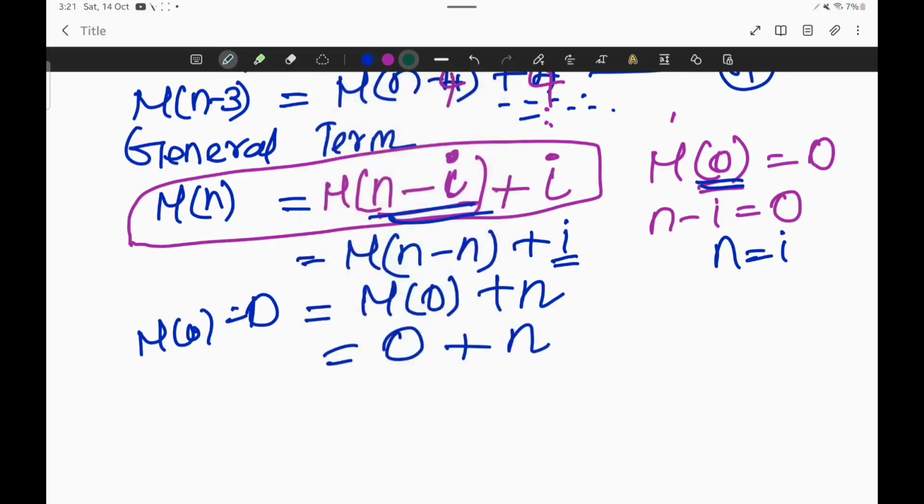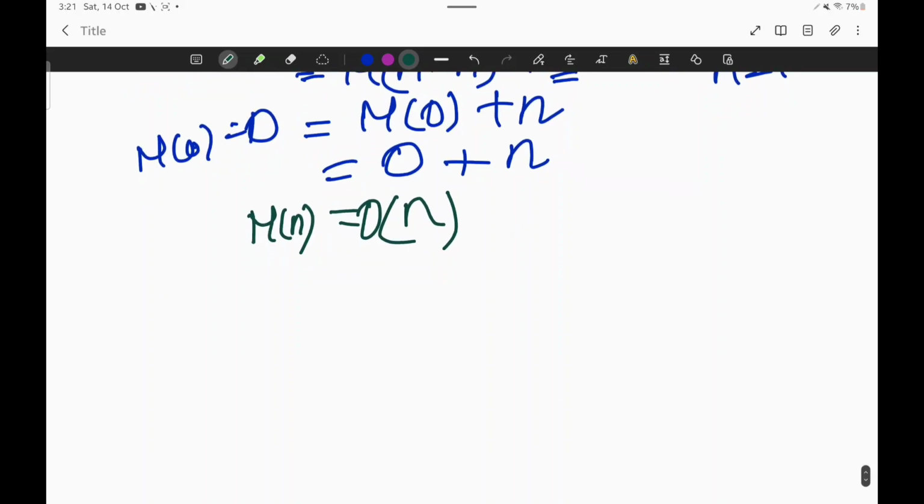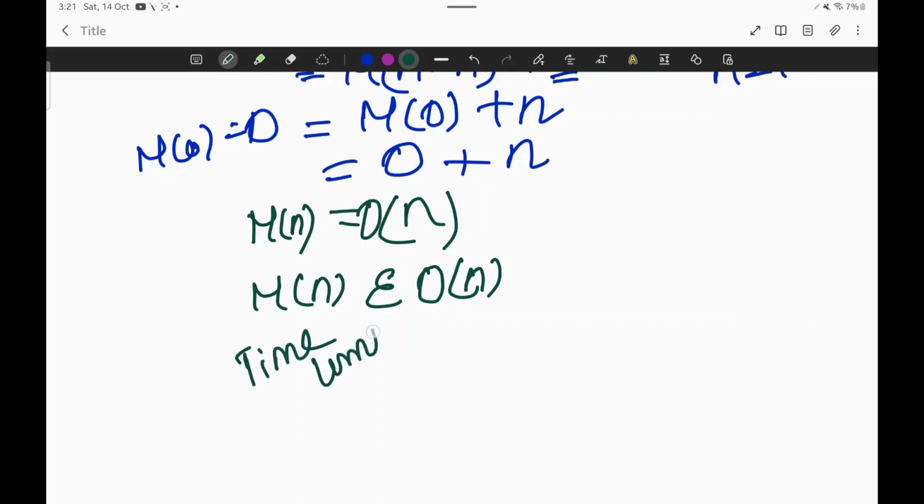Suppose instead of 0 you get some constant value, we will ignore that. We will ignore the constant value and take the big O of n. What is the higher order of growth? n. That value will be considered. So M of n is equal to big O of n, and this is the time complexity for the factorial value. Time complexity. Okay.